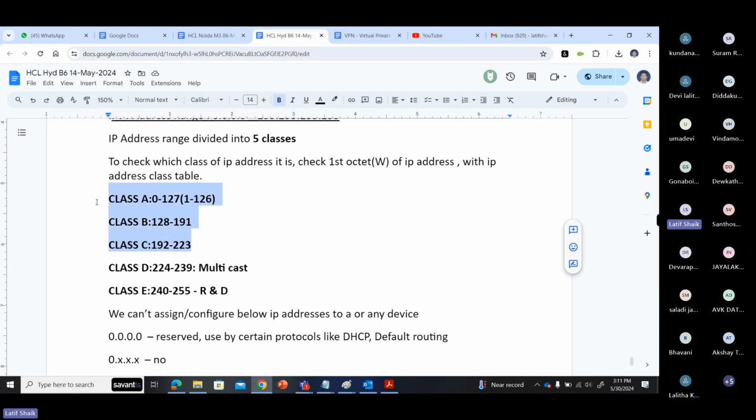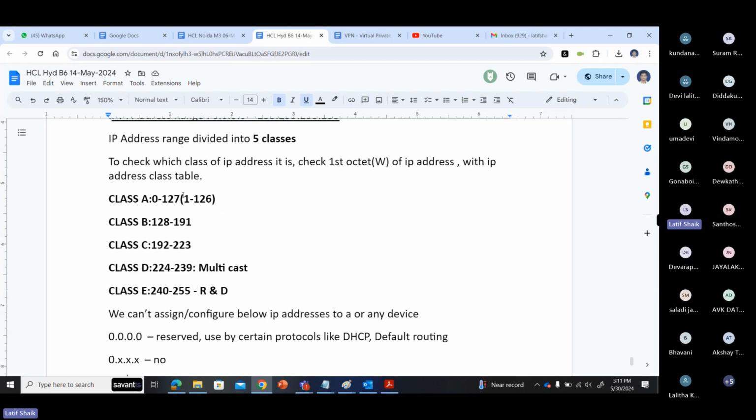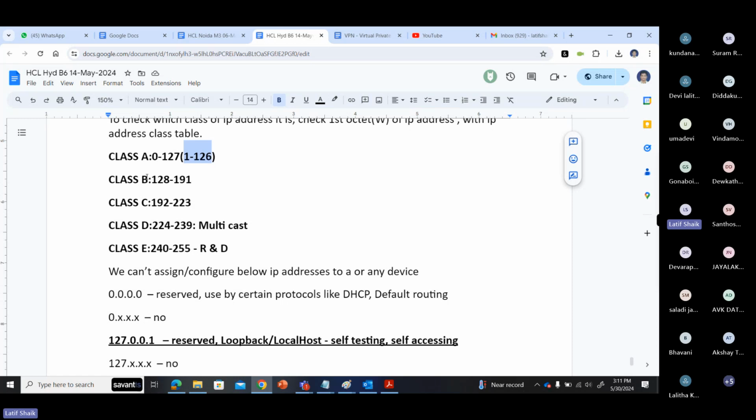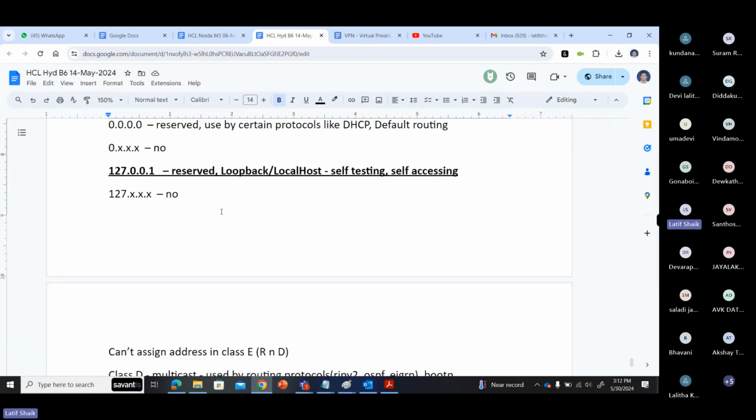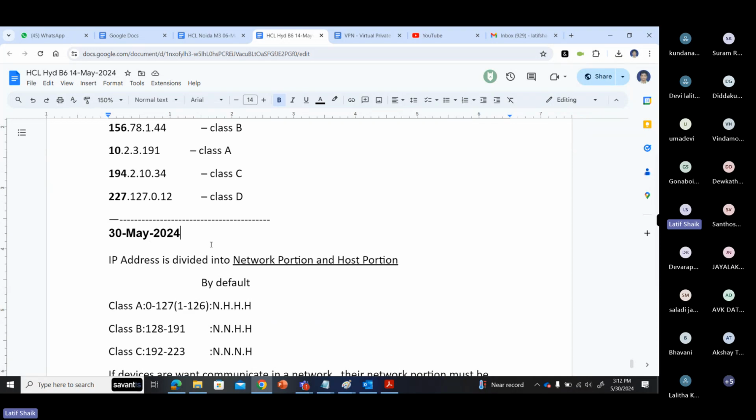These first three are unicast addresses, which we are able to use, except the 0 series and the 127 series. We can use 1 to 126 from class A, and the remaining is 128 to 191, and 192 to 223. All of these we can assign to a device, of course with some conditions.